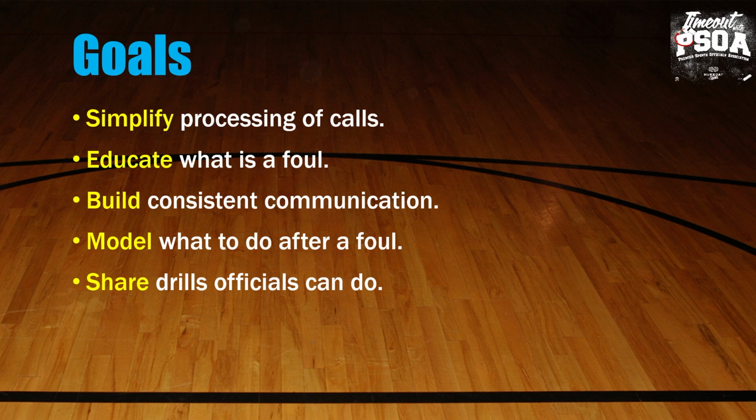Model what to do after a foul, and then share drills that we officials can do to become better communicators when fouls happen, so people are not confused, and whether they agree with us or not, at least they understand our voice, our opinion, our judgment.